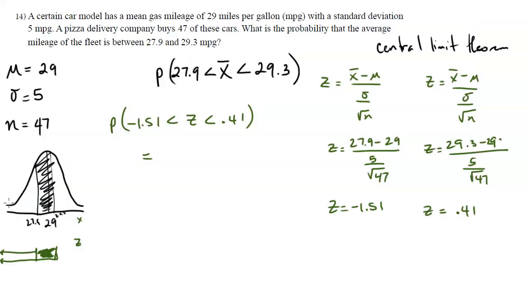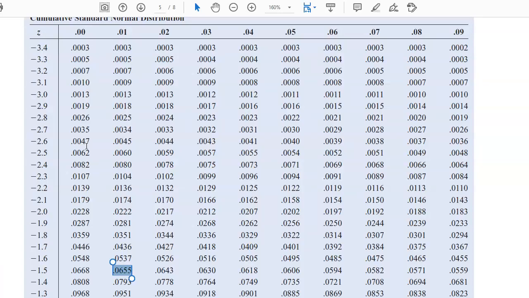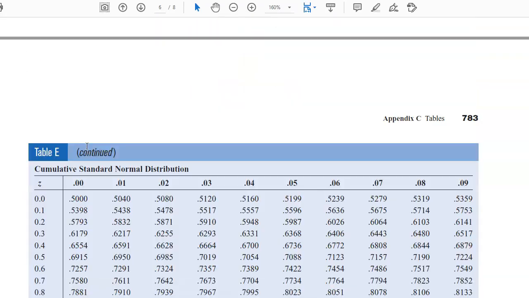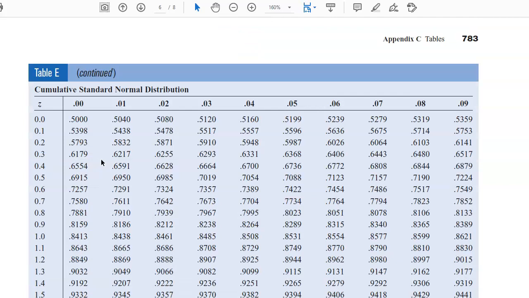So this area here is 0.0655. That's going to be the smaller one, so that's what I'll be subtracting. And 0.41 is 0.6591.